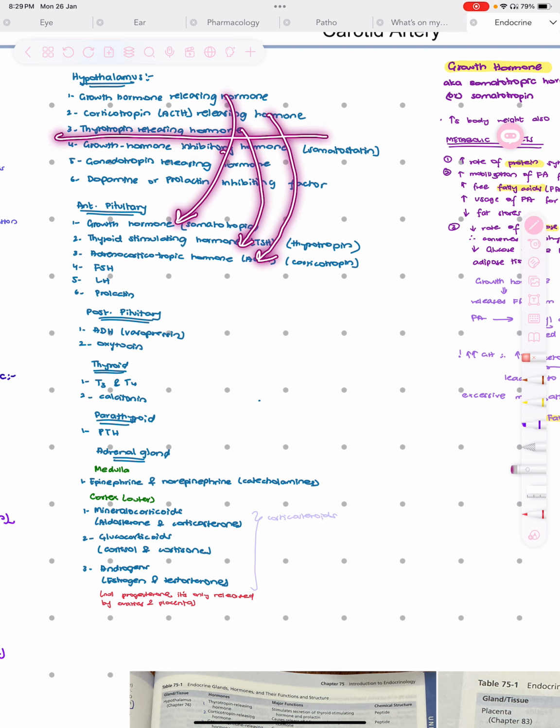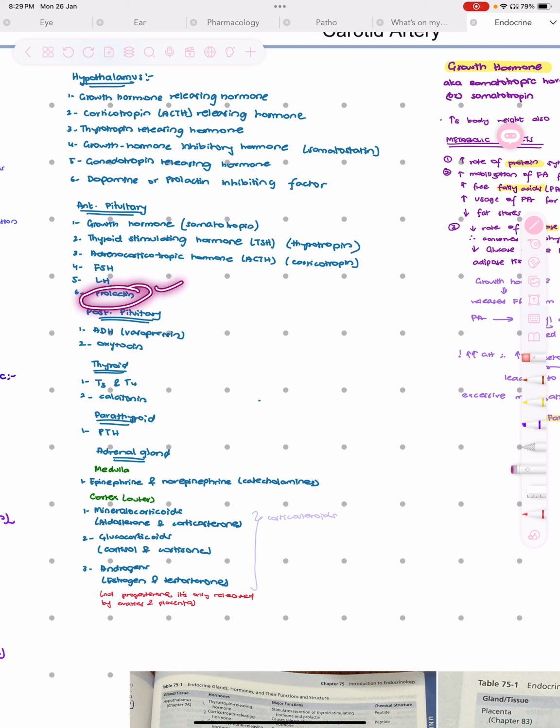Growth hormone inhibitory hormone just gets incorporated into growth hormone. Then for gonadotropin releasing hormone you have two hormones, FSH and LH, which are follicle stimulating hormone and luteinizing hormone. And then you have prolactin, and the prolactin inhibitory factor, or dopamine, from the hypothalamus is going to inhibit prolactin.